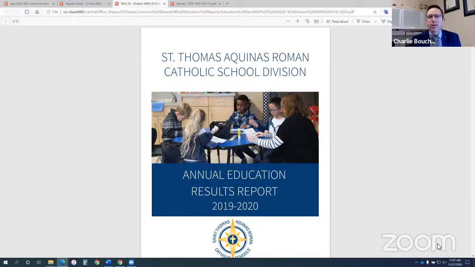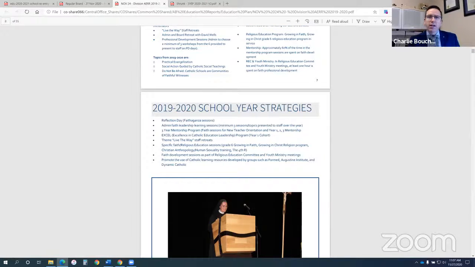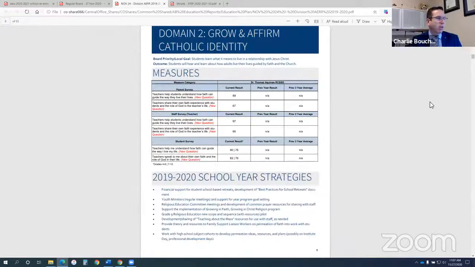So you heard, trustees, in presentations earlier today, as well as a little bit in our committee of the whole this week, the results in the various dimensions. What is interesting in this new results report is that it includes not only provincial required measurements and goals, but also you notice that we now have board priorities and goals in this document.